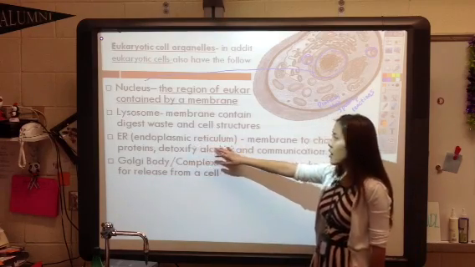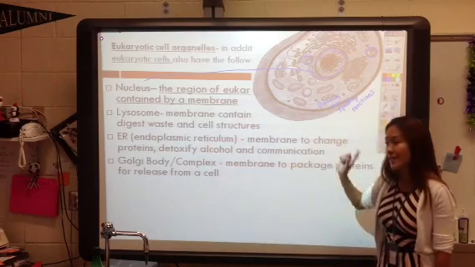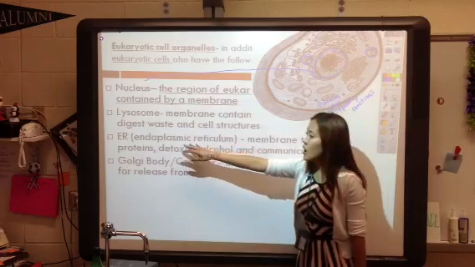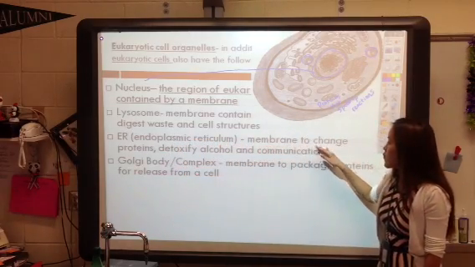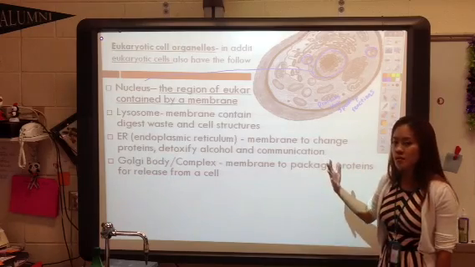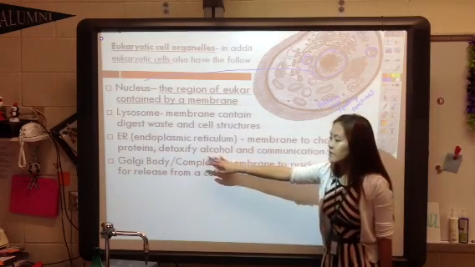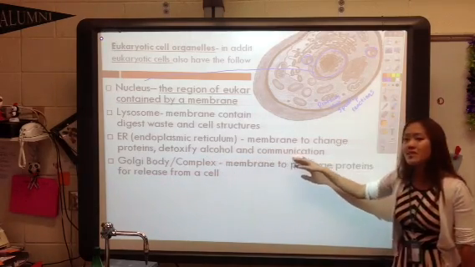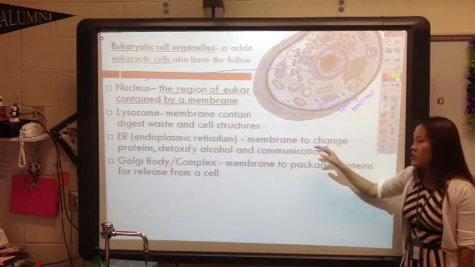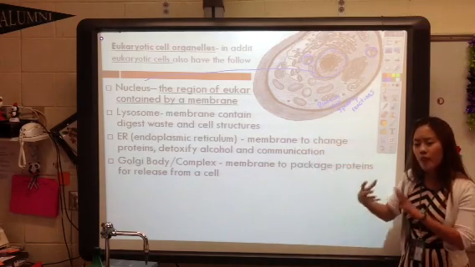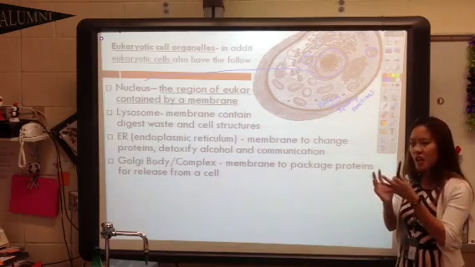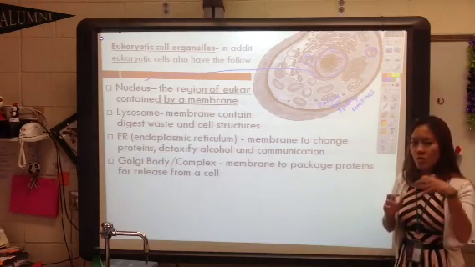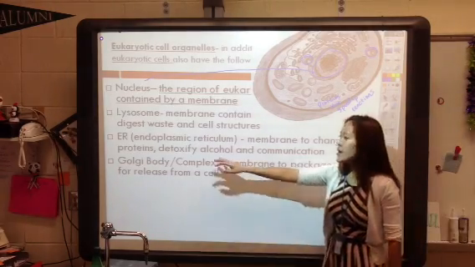The next structure that all eukaryotic cells have, plants and animals, is the ER, or endoplasmic reticulum. This is a membrane that changes proteins, it detoxifies alcohol, and it's involved in communication. So it can work on or modify a protein. Remember that proteins have a specific shape. It can kind of change or work on that protein a little more to allow it to do a different job.